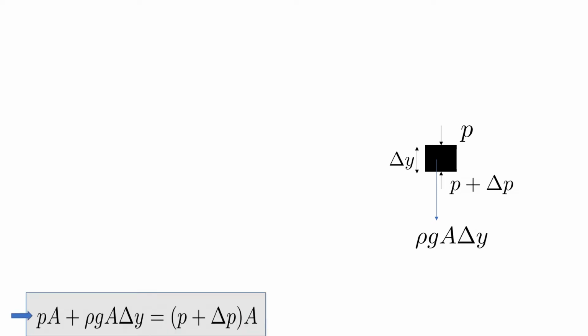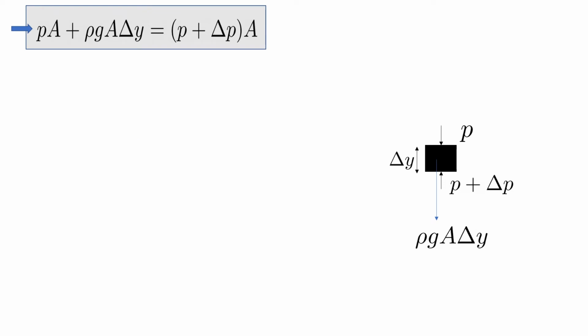Okay, let us see that fluid element once more. The fluid element is of height delta Y. So the pressure P is acting downward, and P plus delta P is the pressure acting upward, and the weight of the fluid is rho g A into delta Y, acting downward.